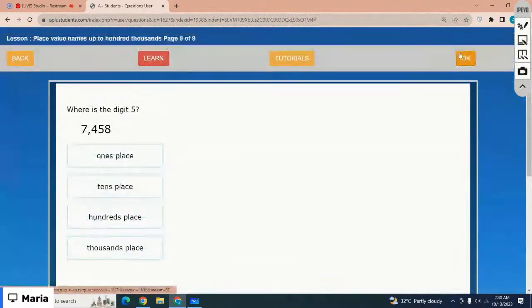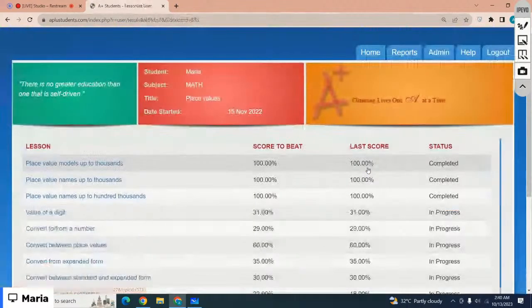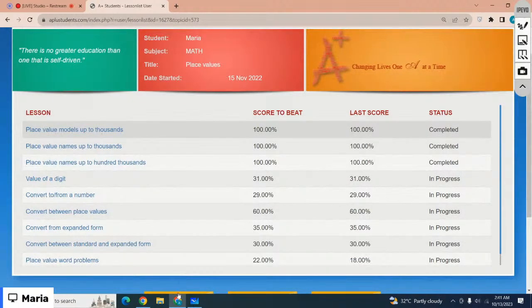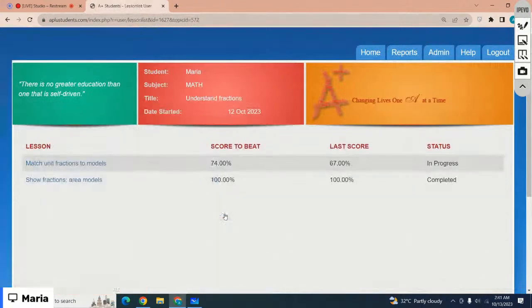So we're working on grade 3 math. We have started with the chapter Understand Fractions. The lessons we have covered are match unit fractions to models, show fractions, area models, right?